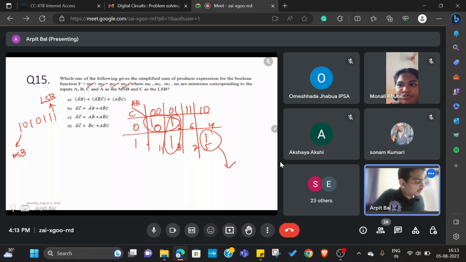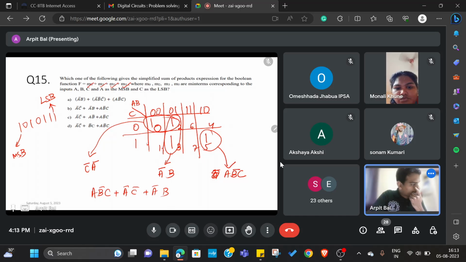So this is A, B bar, C. This one grouped becomes A bar, B, and this one grouped becomes C bar, A bar. So the final result is A B bar C plus A bar C bar plus A bar B. That is option B.